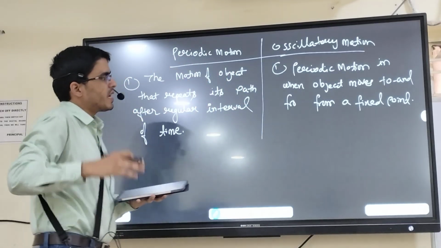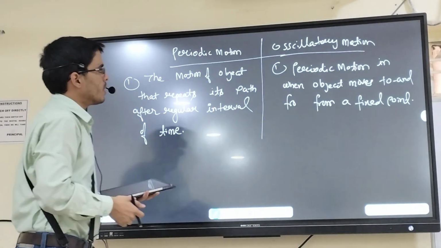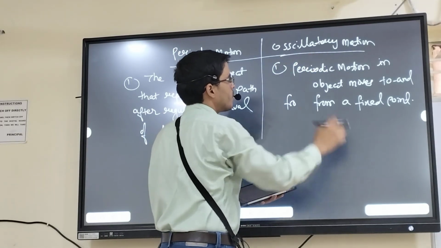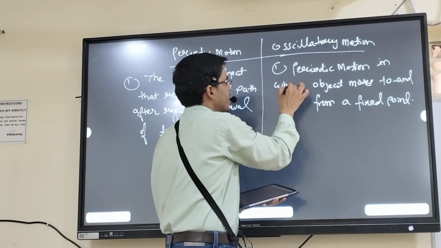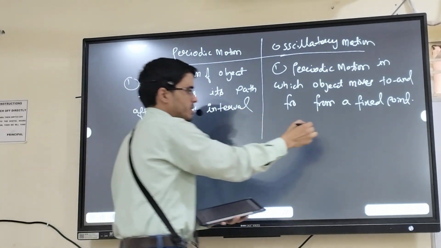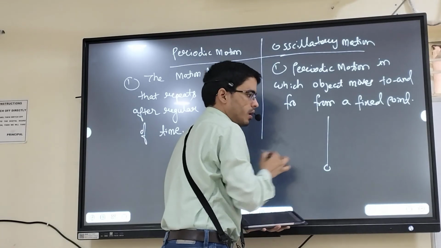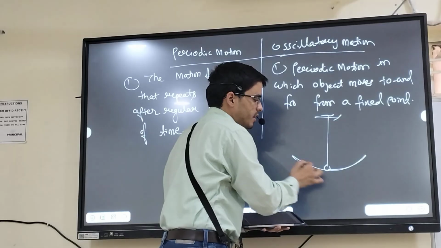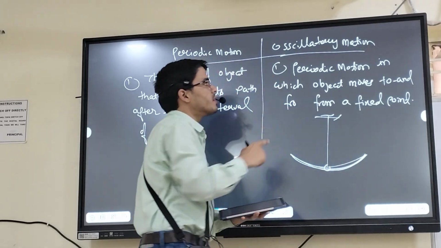Suppose here I have one string and one object, and that is fixed. Now I have applied force. It will oscillate now. That is called oscillatory motion.